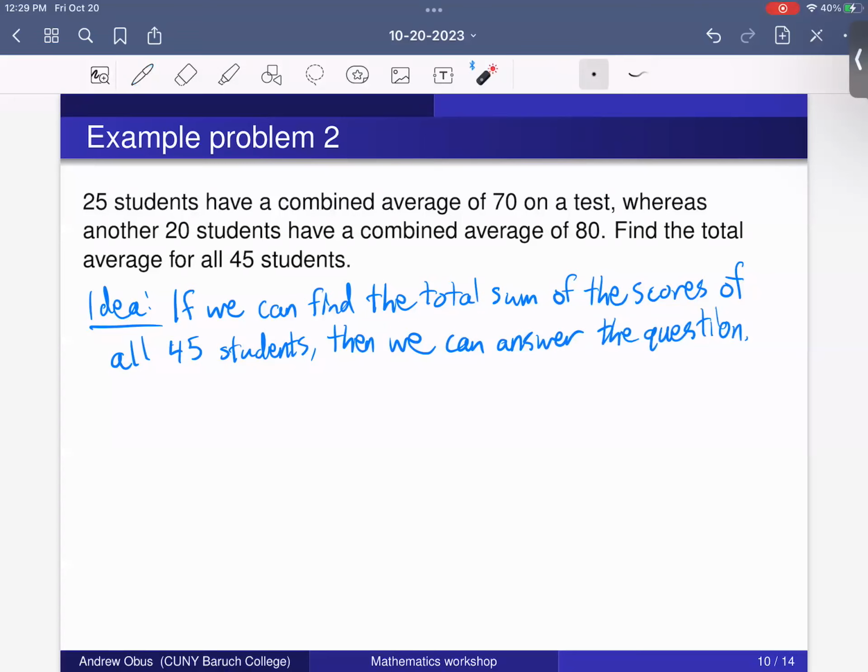Right, because if we can find the total sum of the scores for all 45 students, we just have to divide it by 45, and that will get the average. Yes, Dalman?